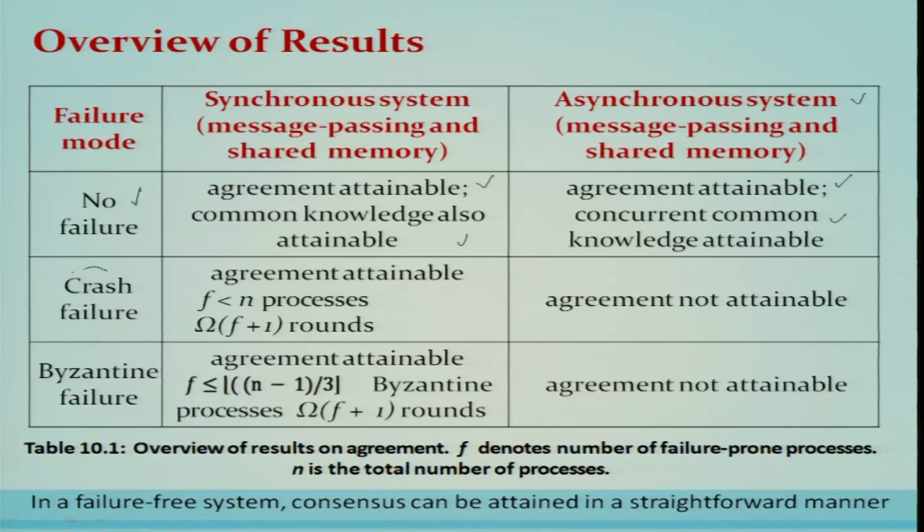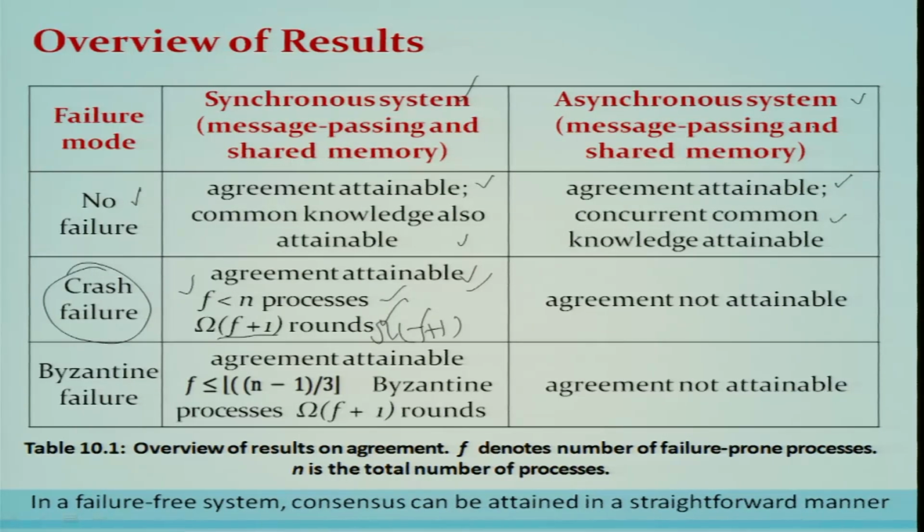But if the failure model is a crash failure, then agreement is attainable in the synchronous system, where f, the number of faulty processes, is assumed to be less than the total number of processes, and it is attainable with a lower bound of f plus 1 rounds. That means a minimum of f plus 1 rounds is required to achieve the agreement.